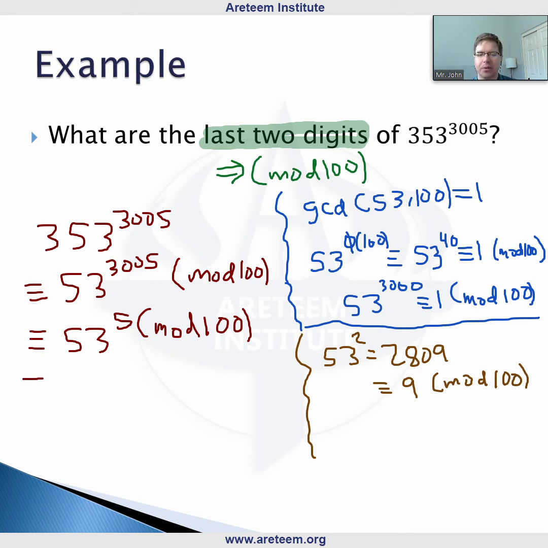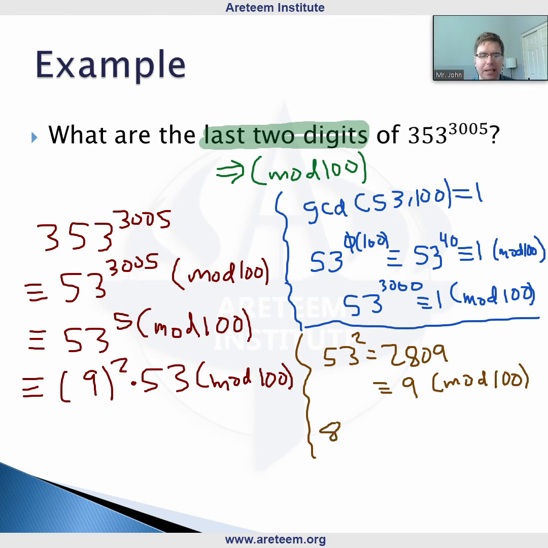Because, for example, I could rewrite 53 to the 5th power as 53 squared squared times 53. Well, what's 53 squared? I can write that as 9 squared times 53 mod 100 in that case. And let me just do the work off to the side again here. Now, okay, 9 squared is 81.